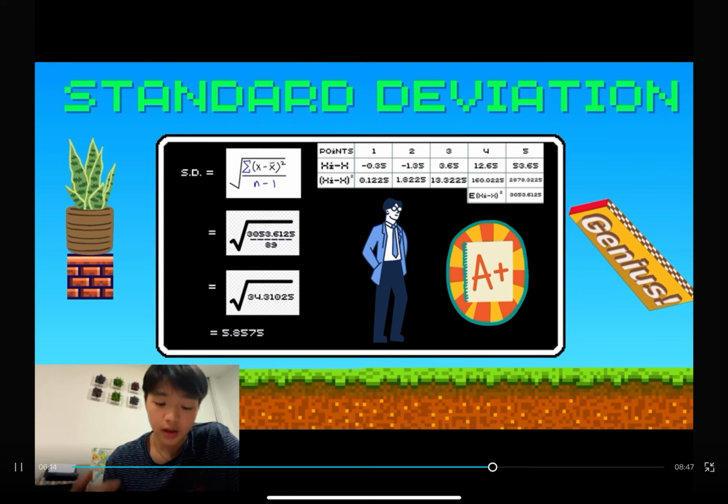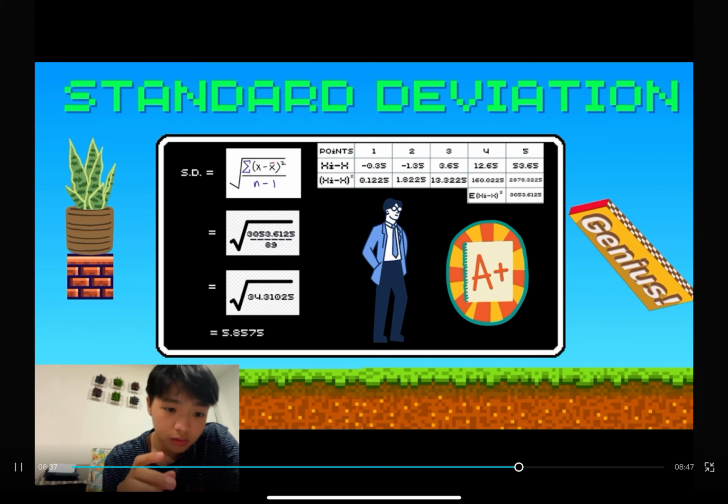And then you subtract the mean. So for each one you subtract 4.35, and then it will be 1 point is minus 0.35, 2 points is minus 1.35, 3 points is 3.65, 4 points is 12.65, and 5 points is 53.65.